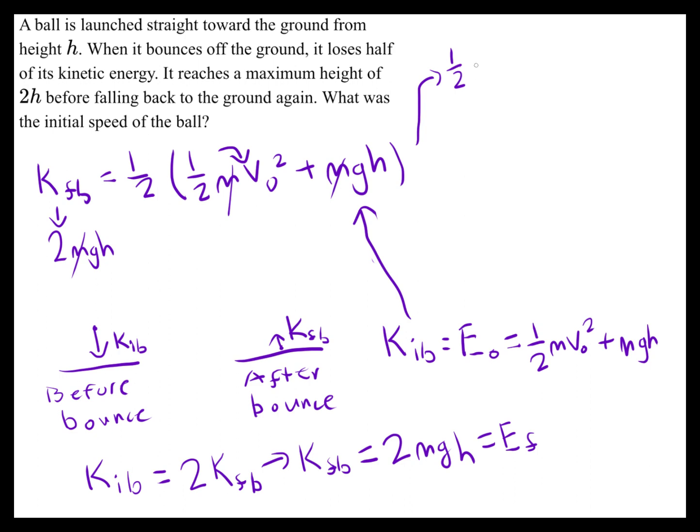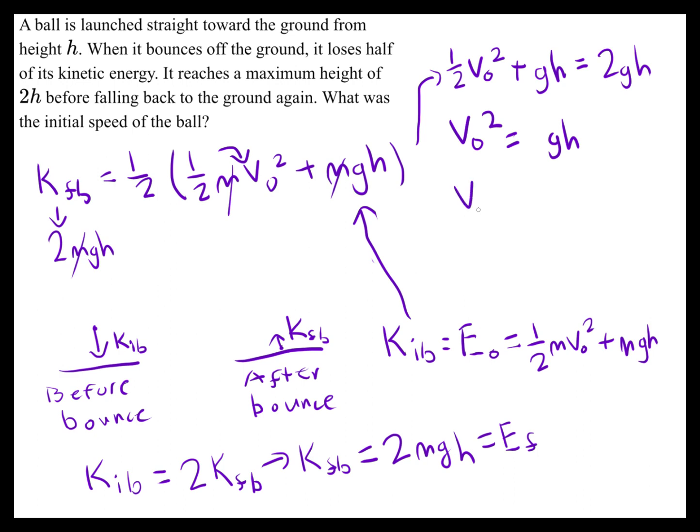So 1/2 of the initial velocity squared plus gh is equal to 2gh. So then the initial velocity squared is equal to gh.